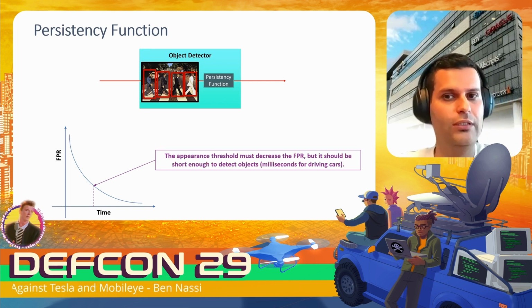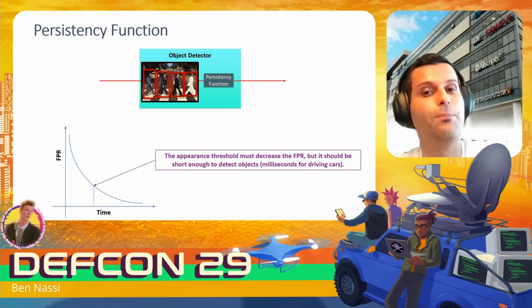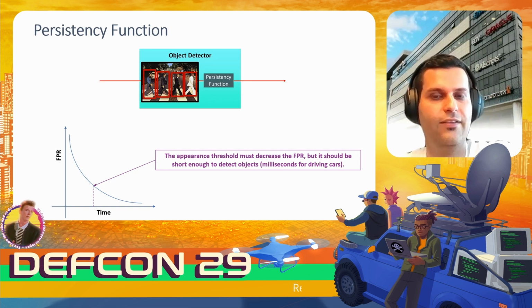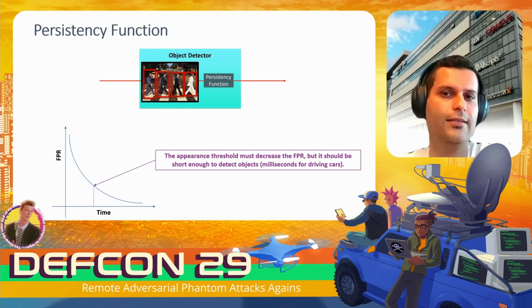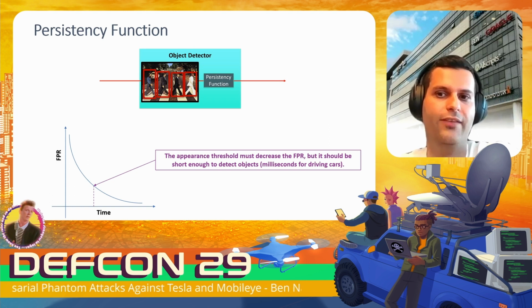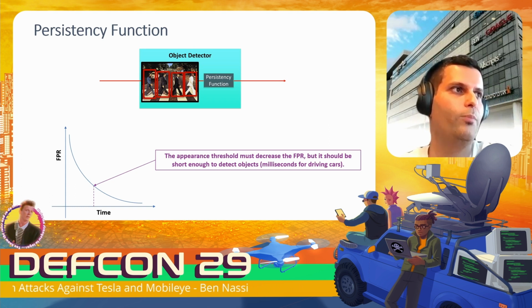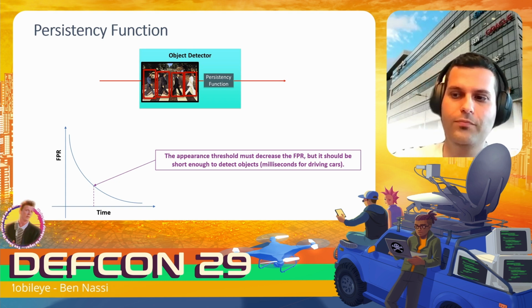Now, the appearance threshold must decrease the false positive rate. Basically, it needs to be the sweet spot that decreases the false positive rate, but also should be short enough to detect objects. And in our case, it should be milliseconds for driving cars, in order for the car to react to objects as quickly as possible.